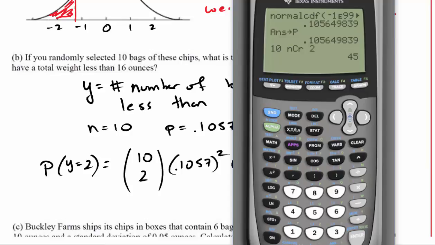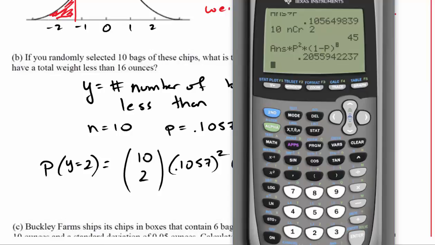Okay, that's going to come out to 45, and then we're going to multiply that by P to the power of 2 times (1 minus P) to the power of 8. And we get 0.20559, so approximately 20.5%.